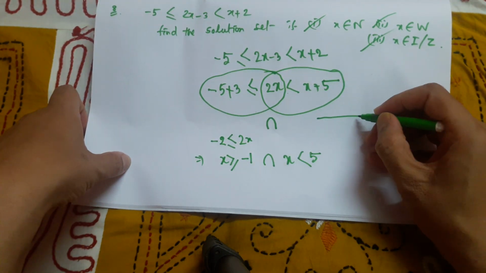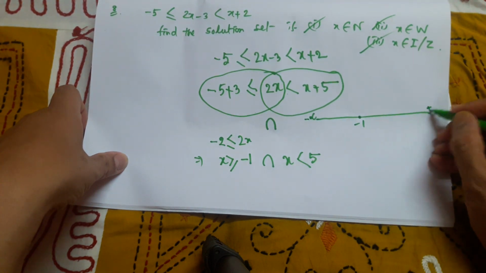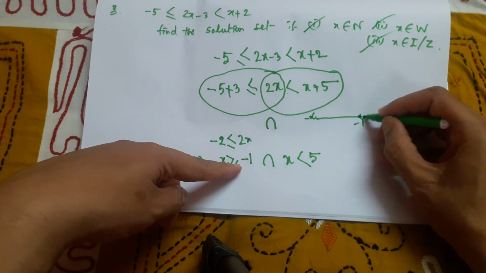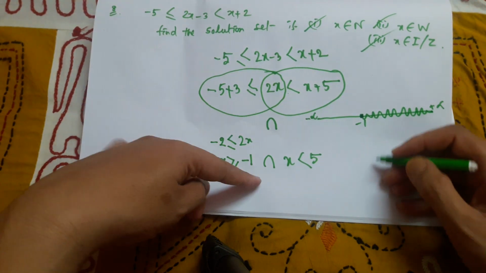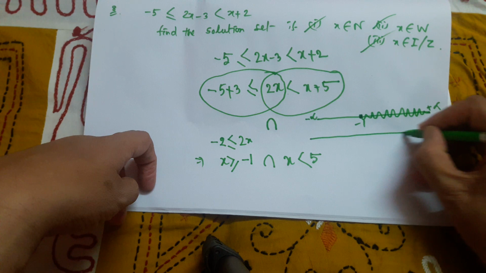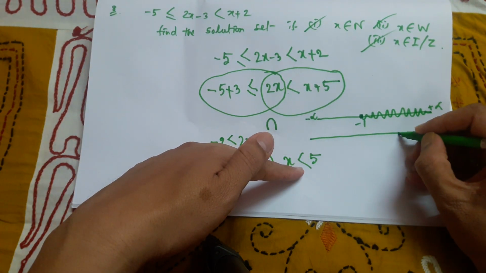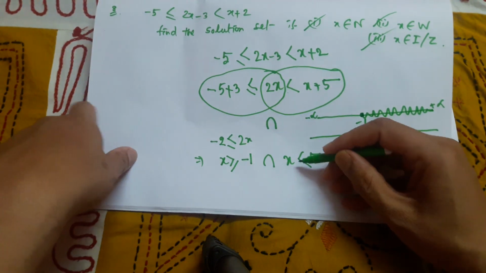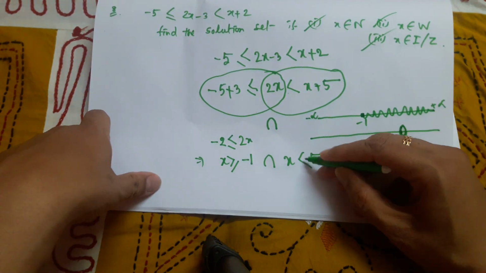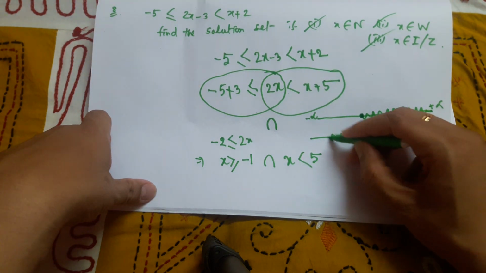X greater than equal to minus 1 means here minus 1, this is minus infinite, this is plus infinite, minus 1 to infinite. Here minus 1 will be a closed circle, and next inequation x less than 5. 5 is somewhere here, and this will be an open circle because no equal sign is there. Less than 5 means from open 5 to minus infinite.